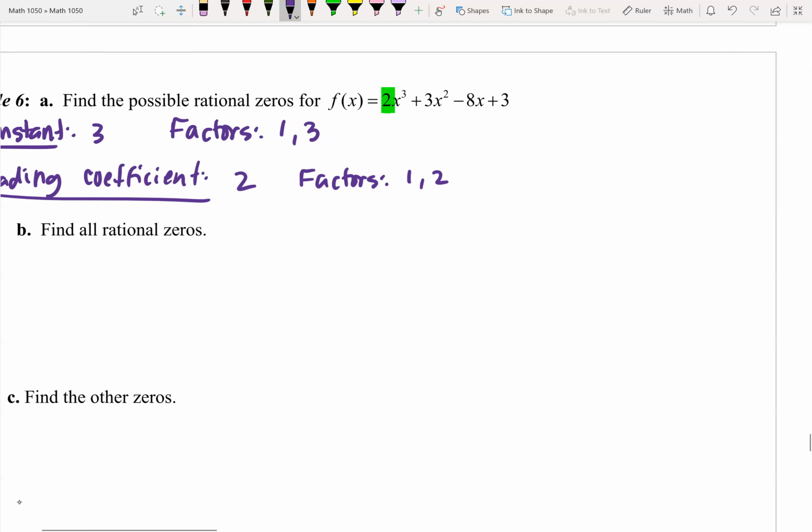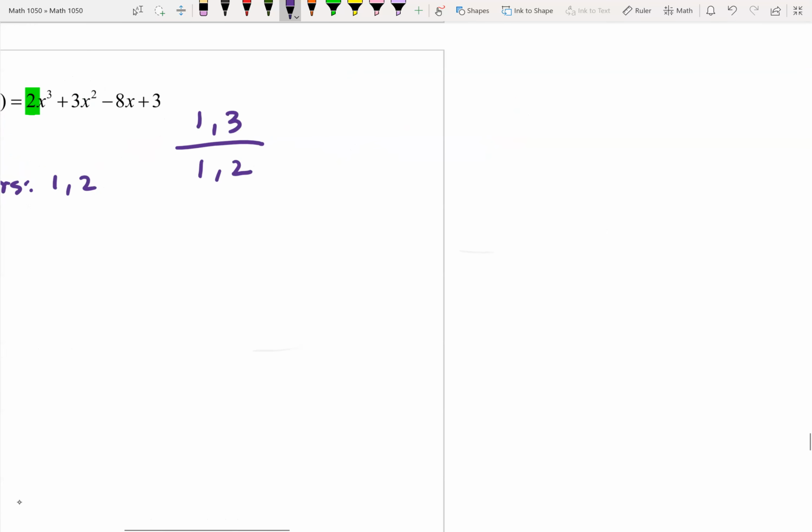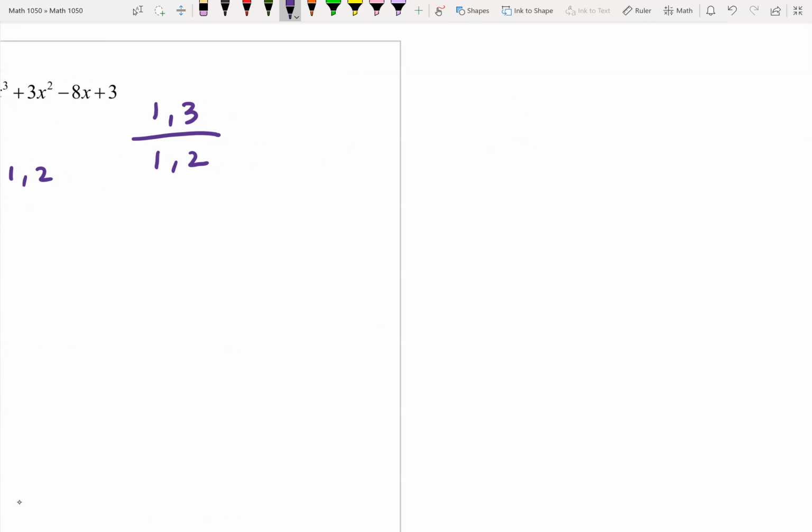Okay, so here's what you do. You take the factors of the constant and those go on top. You take the factors of the leading coefficient and those go on bottom. Now, that's not how you write it. The top is either a 1 or it's a 3. The bottom is either a 1 or a 2. So you just have to pair those all up.